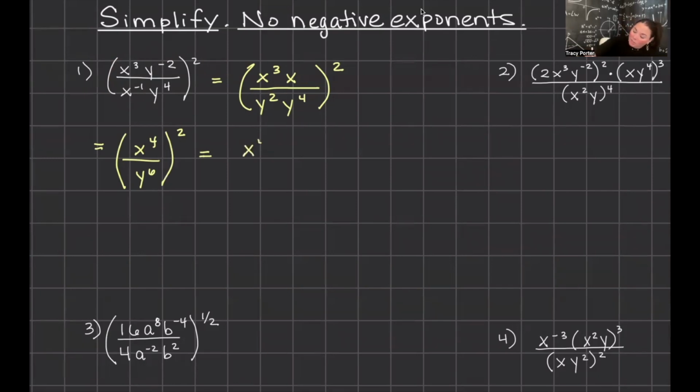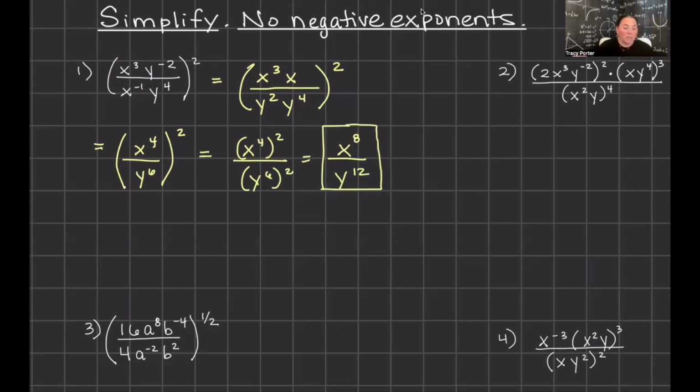So this is essentially x to the fourth squared over y to the sixth squared. And so we know we multiply those now because you have a power to a power. So that'll be x to the eighth over y to the 12th. Now, there's no more rules that can be applied, and we don't have any negative exponents. So that's how we know we can stop. And that will be our answer.